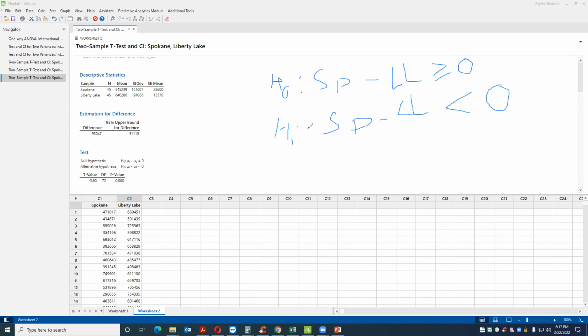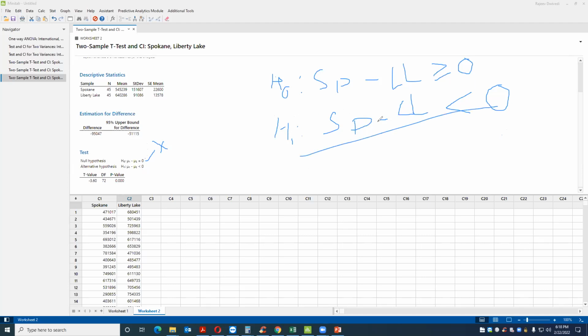Therefore, we reject the null hypothesis and we accept the alternative hypothesis because the p-value is less than the alpha value.